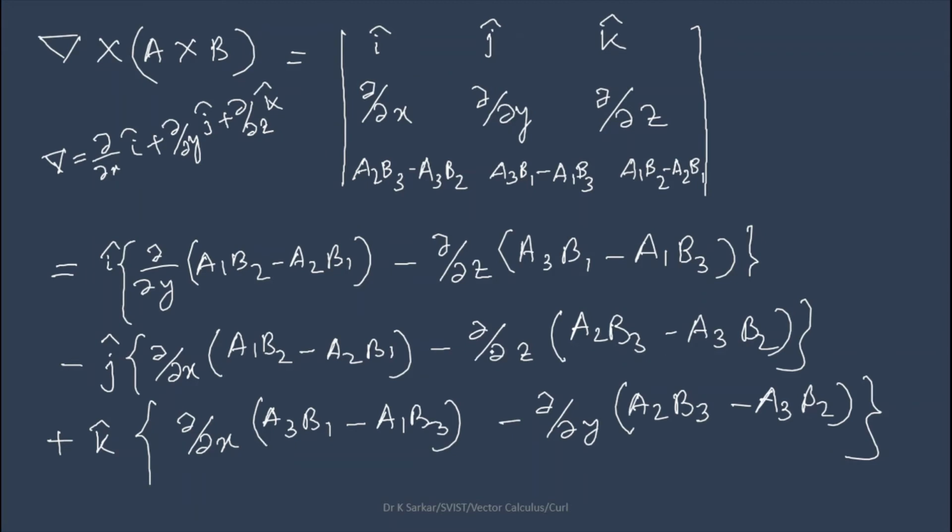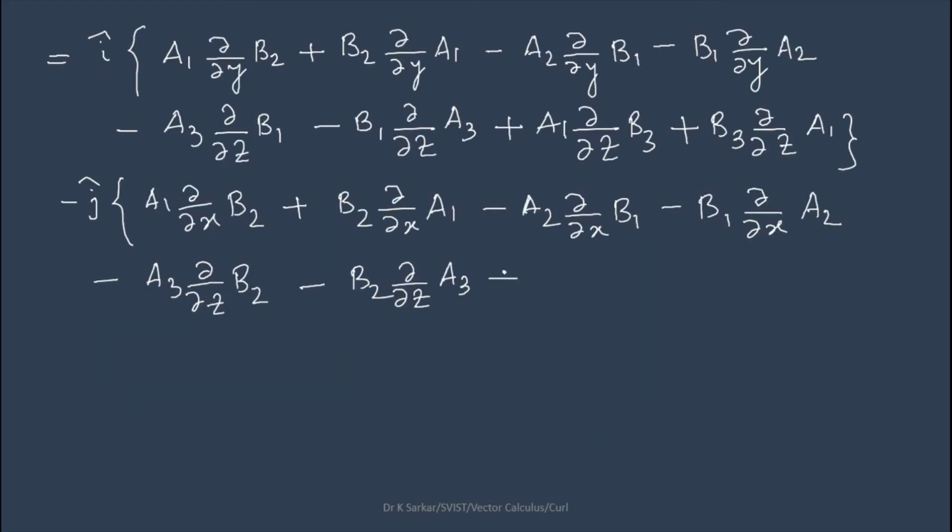Then this minus and that minus is plus del/del z of A3 B2, which gives plus A3 del/del z of B2 plus B2 del/del z of A3.